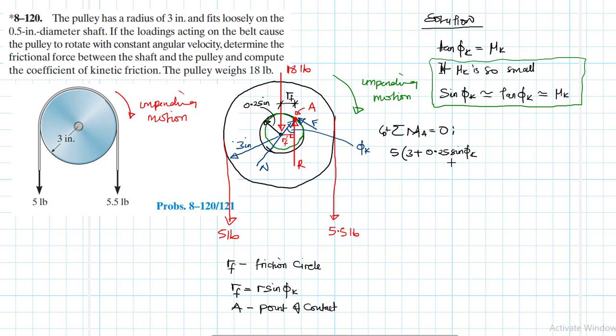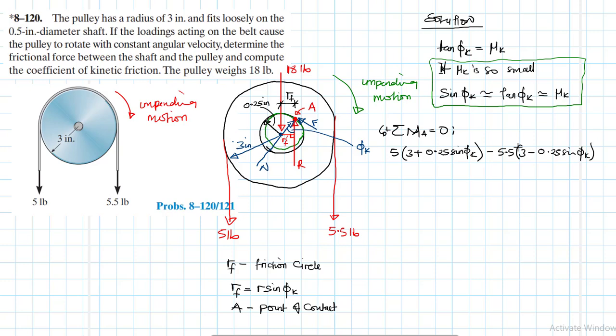Remember this term? This term is the friction circle, the radius of the friction circle. And then minus 5.5 times 3 minus 0.25 sine phi k.